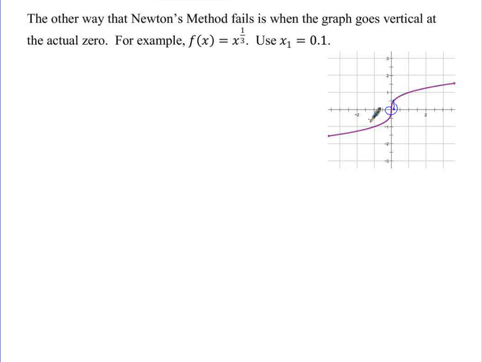I draw a tangent line. Tangent line crosses here. Go back down to my function, draw a tangent line. Tangent line crosses here. We're getting farther and farther away, which is known as diverging. We're diverging away from the 0. Yeah, divergent, that's right. Okay, so in that case, Newton's method would also fail.